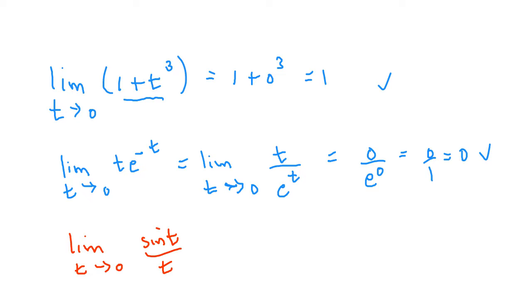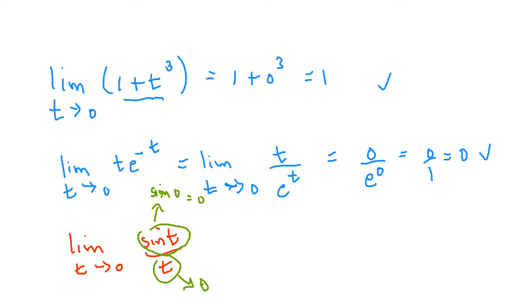So as t goes to 0, the sine of t approaches the sine of 0, which is 0, and t also approaches 0. So in this limit we have the numerator approaching 0 and the denominator approaching 0. So that's called an indeterminate form.